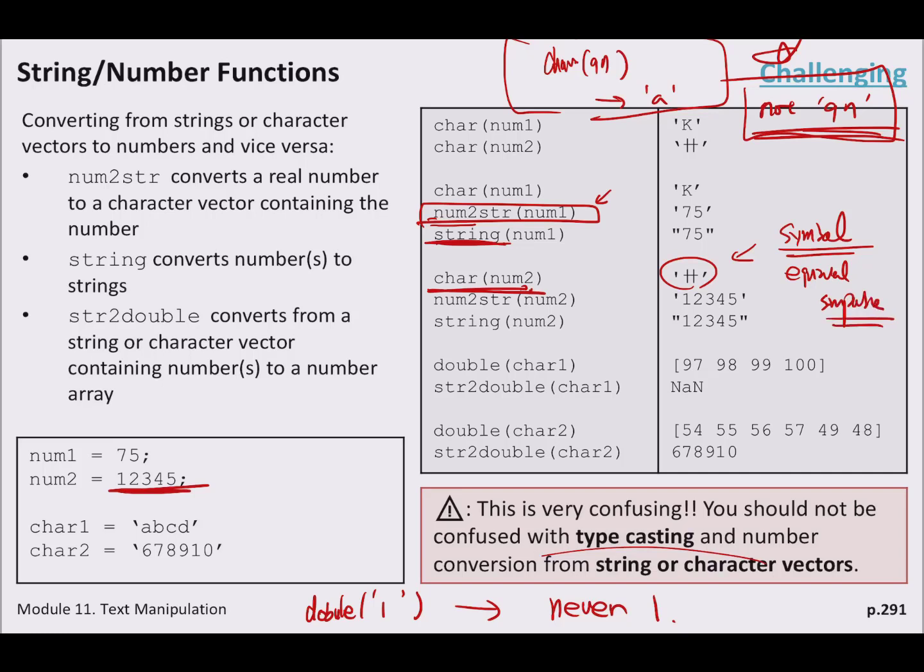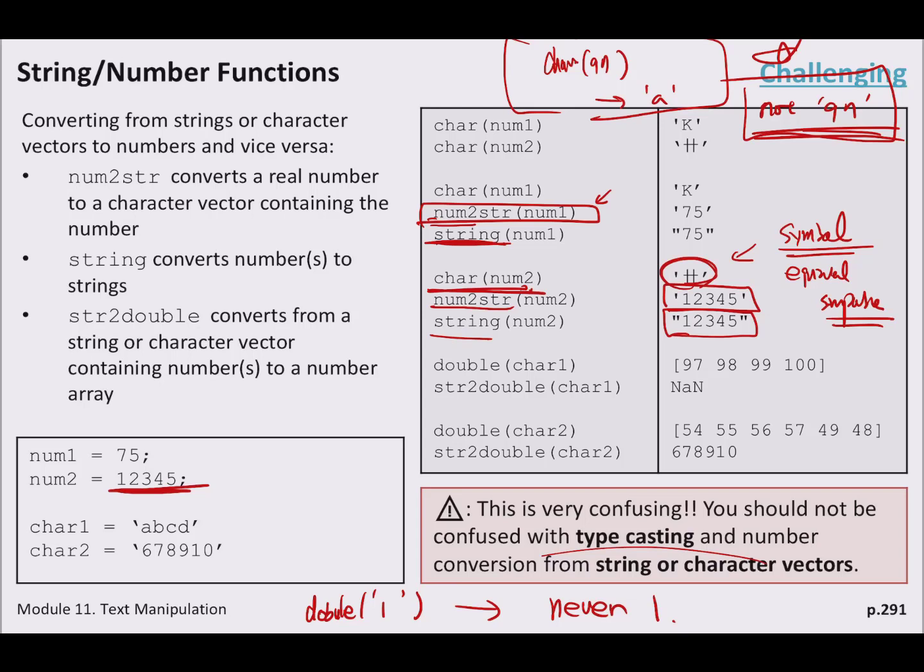All the characters have an equivalent numeric value, so you will get this character. But if you use num2str, you will get this one. If you use the typecasting with string, you can still get this string number. Okay, does it make sense?